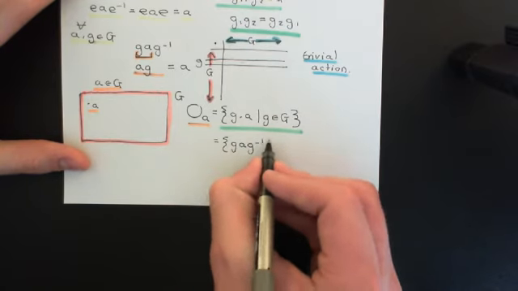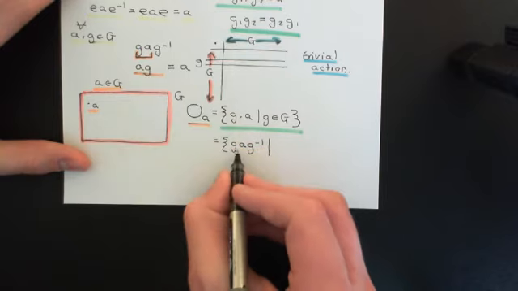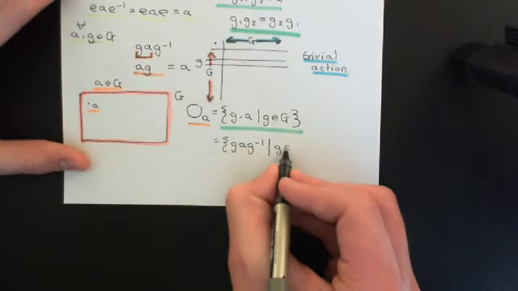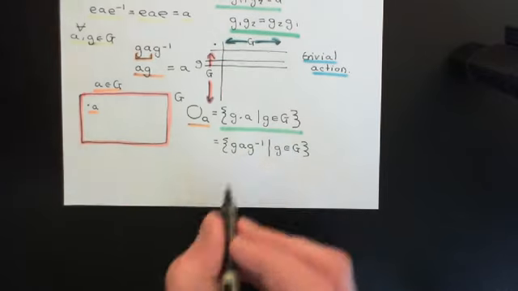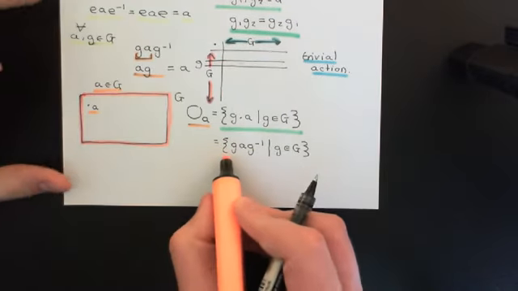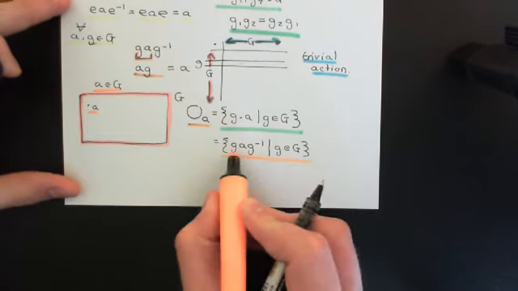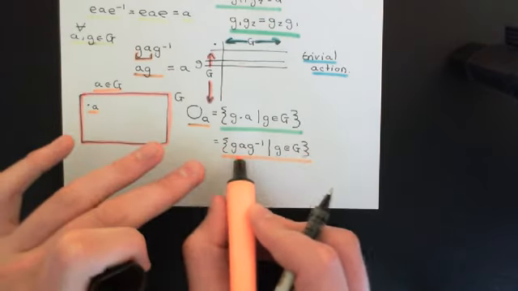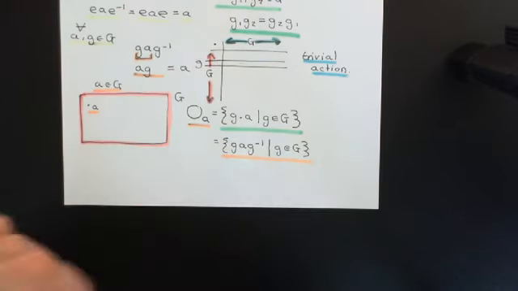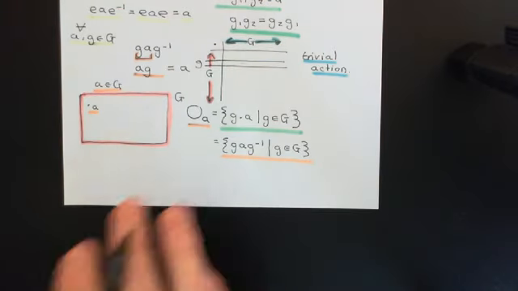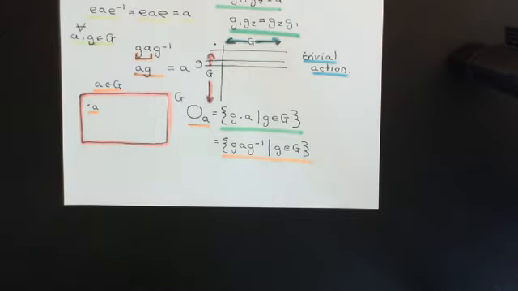So for an arbitrary element little a, we're going to go through absolutely all the elements of the group and conjugate little a by all of those elements. We're going to get a whole bunch of answers, which will again be elements in the group, and we're going to stick all of those answers into a set, and that is what is meant by the orbit of an element little a under this group action.